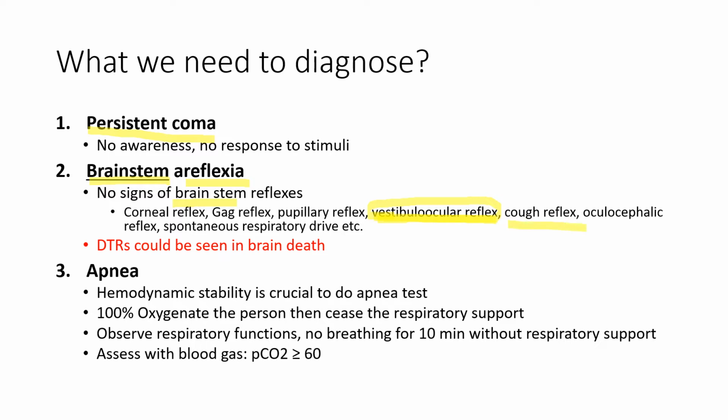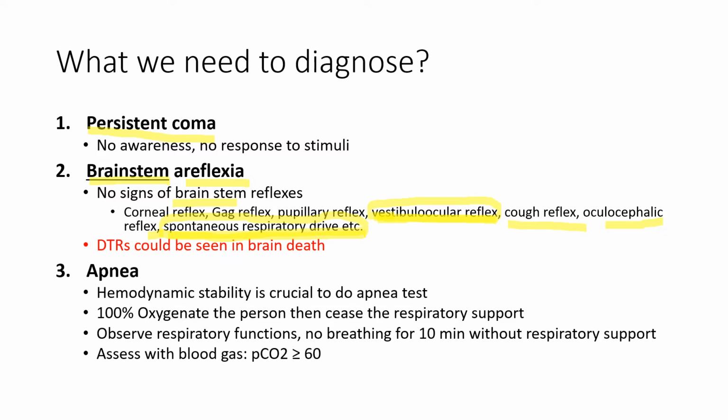Also, cough reflex, oculocephalic reflex, and also obviously spontaneous respiratory drive. So we cannot diagnose brain death in a person who has spontaneous respiratory drive. We'll talk about that a little bit later.